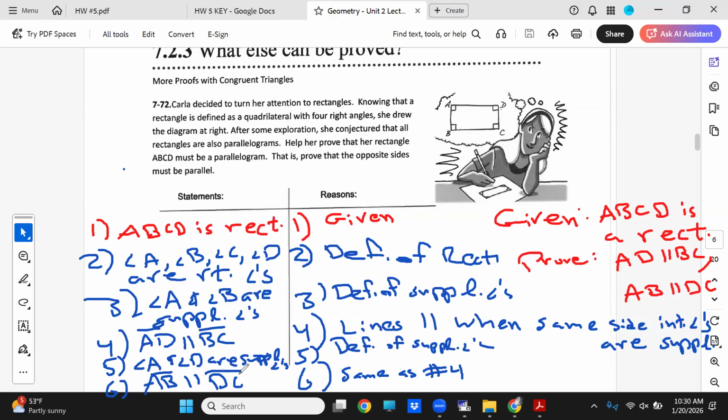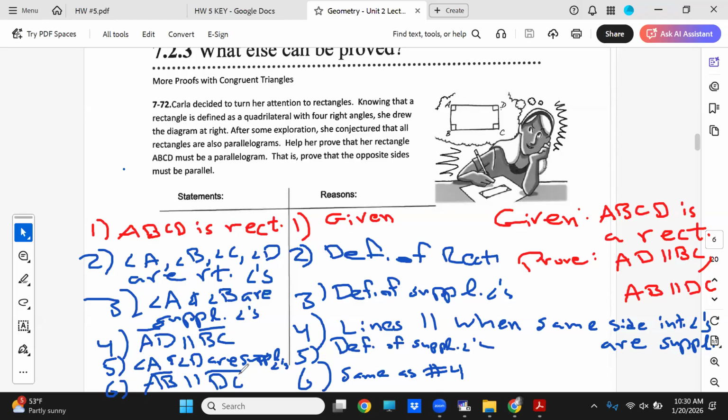The special case where all the angles are the same, they're all right angles. But let's say you didn't know that. Let's just say ABCD is a quadrilateral with 4 right angles. Fine, that's all you know. Then if we're given that, we're going to say that ABCD are right angles. And you should technically say they're all 90 degrees, then these two add to 180, and these are supplementary. I just went straight from 2 to 3.